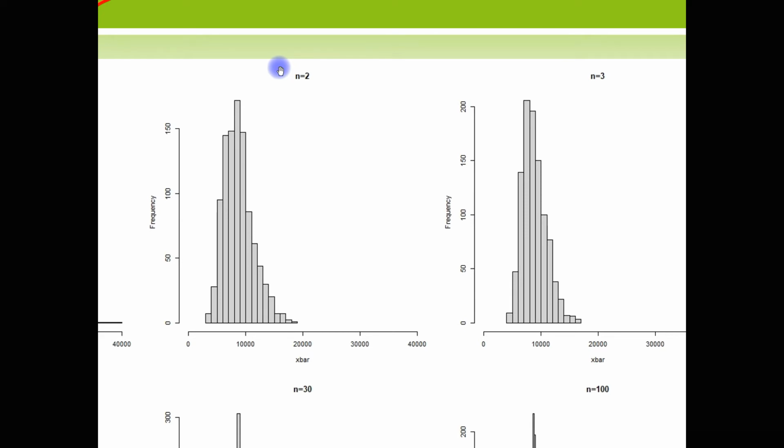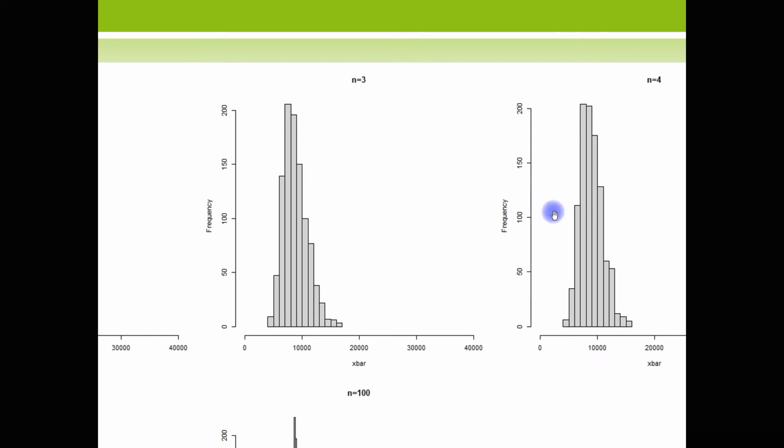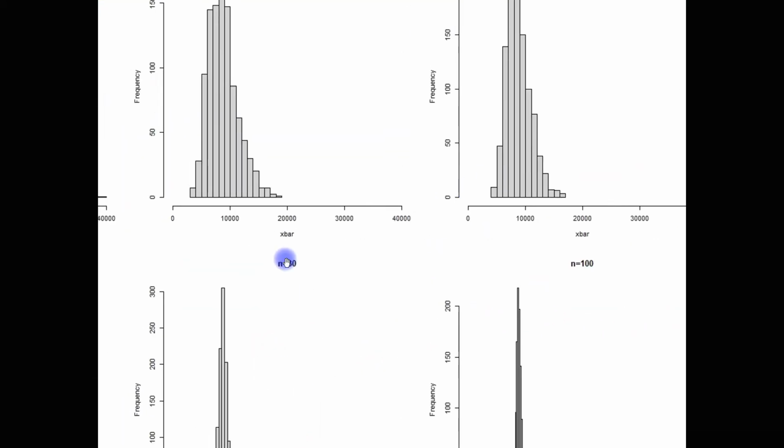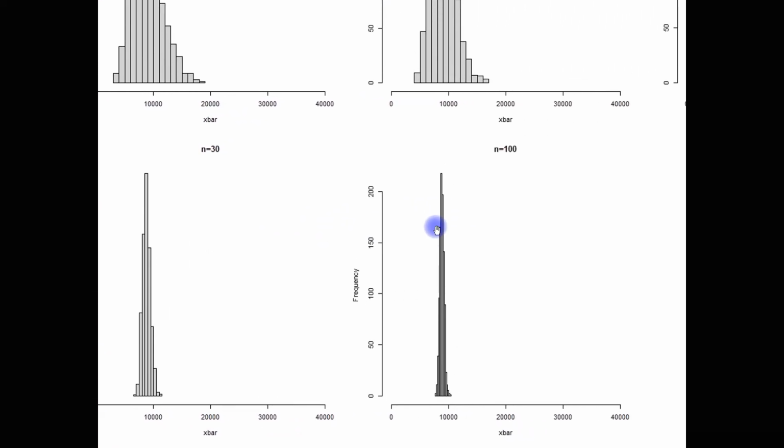Each time I find 2 individuals, I take the mean salary of the 2 individuals, and I plot it using a histogram like this, where the horizontal axis represents the average salary for 2 individuals each time. This is repeated for samples of size 3, size 4, size 10, 30, and 100. So that is basically what I'm doing.